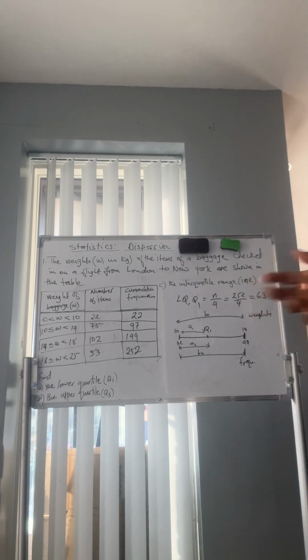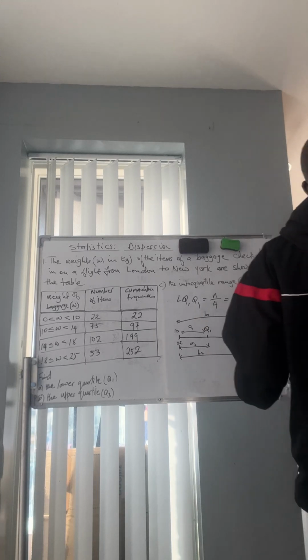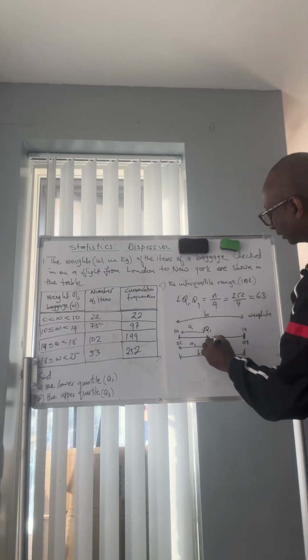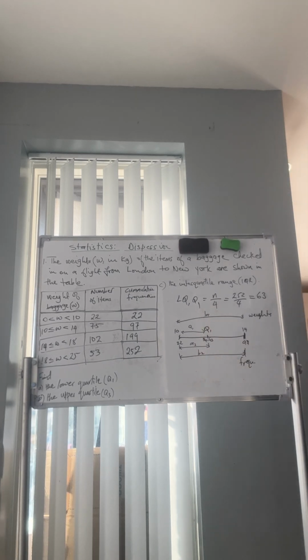And you know, this 63, we found it was here. This was here, 1 n all over 4. So now we have this ratio and proportion.